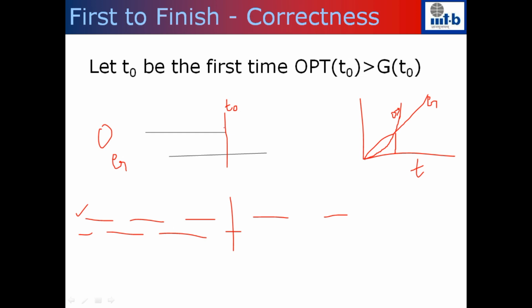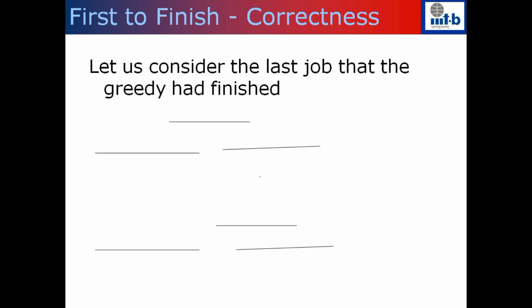Okay, so we want to understand what is the last job that the greedy has done, right? Greedy is doing something now, but we are more interested in what is the last job that the greedy has finished. This is the optimum solution, and this is our t0. We want to ask whether the last job that greedy finished ended after the starting time of this particular job, or before.